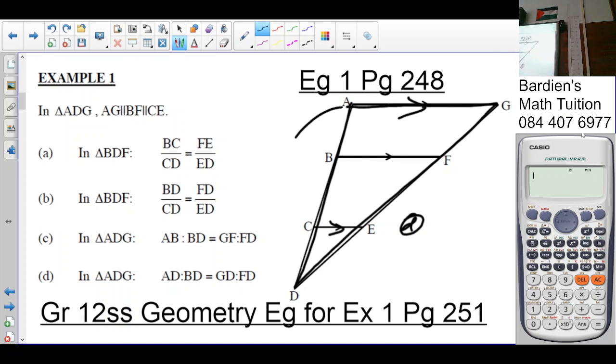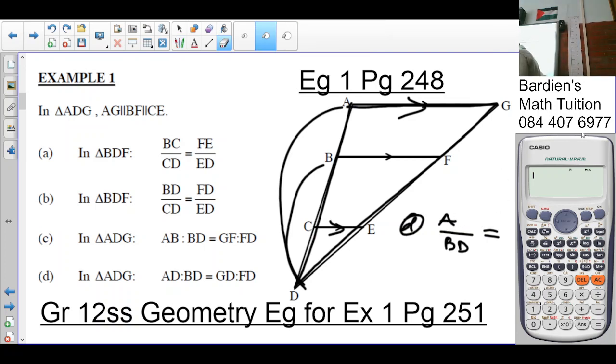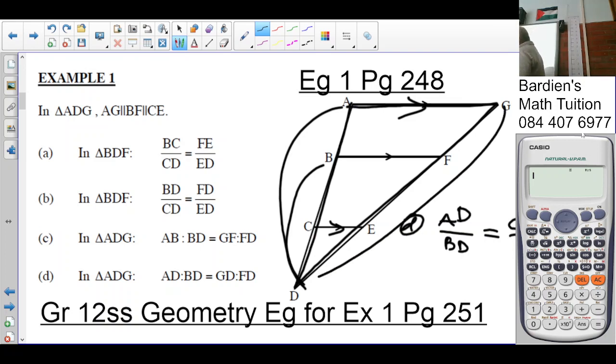So AB over BD is equal to AD over BD, it would be GD over FD. You all agree with that? And another way that could be written is AD is to BD as GD is to FD.